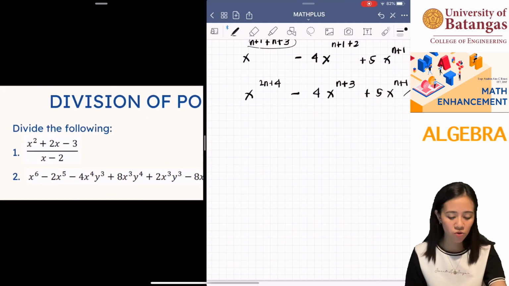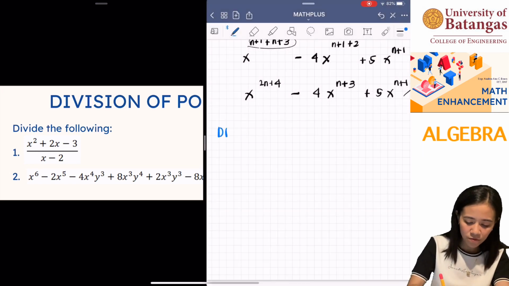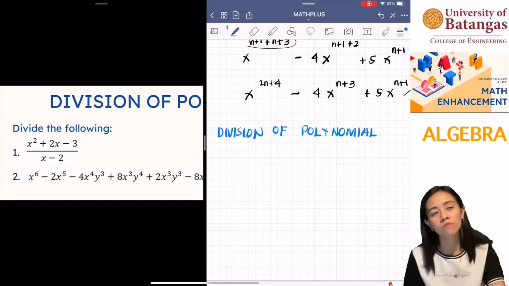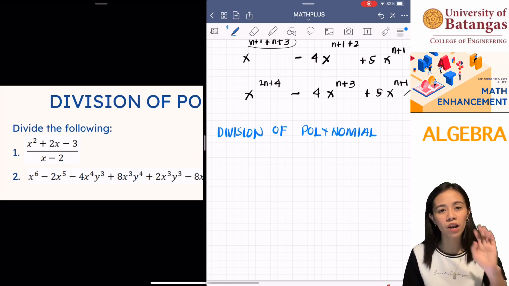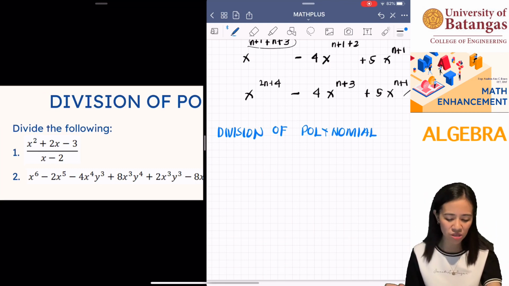Yan. Okay, you have, for division, let me write here, division of polynomials. I will not anymore give examples of the first two division kasi we've been doing yung monomial, yung dividing monomials. Okay na tayo doon. Tapos yun namang dividing a fraction into several fractions using a common denominator. Okay na tayo doon. Madali lang naman yun, diba?